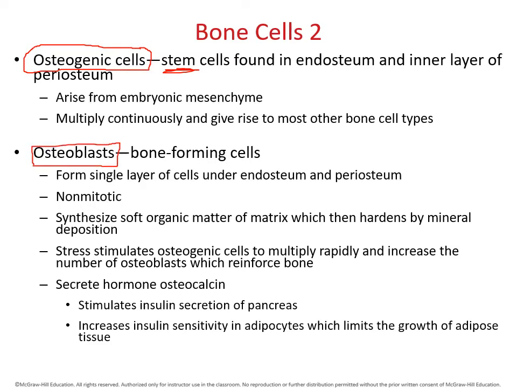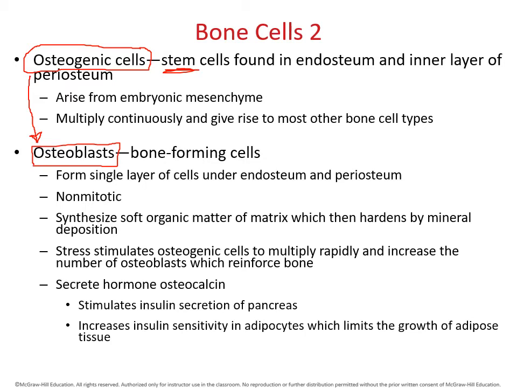You find them in the endosteum membrane, also in the periosteum. They're derived from an embryonic tissue type called mesenchyme. Whenever they're directly stimulated, the osteogenic cells will be transformed, or I should say differentiated, into an osteoblast cell.